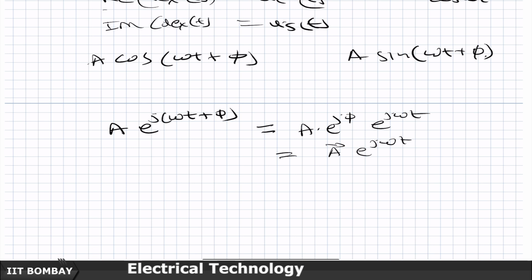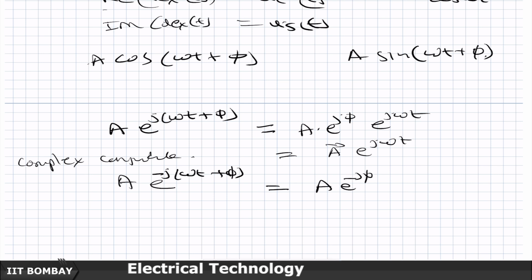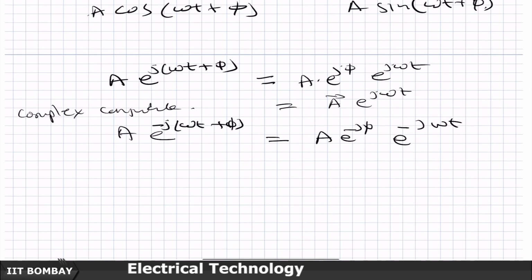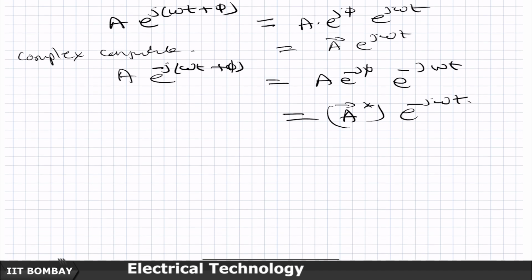Now, if you look at its complex conjugate, it is e to the power minus j times (omega t plus phi). So, this is e to the power minus j phi into e to the power minus j omega t, or in other words A bar star times e to the power minus j omega t.